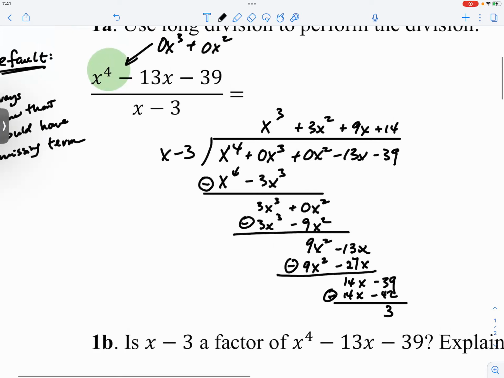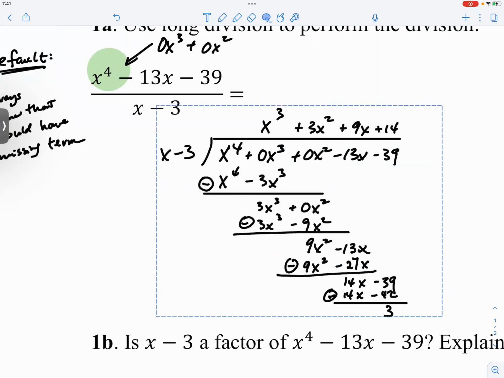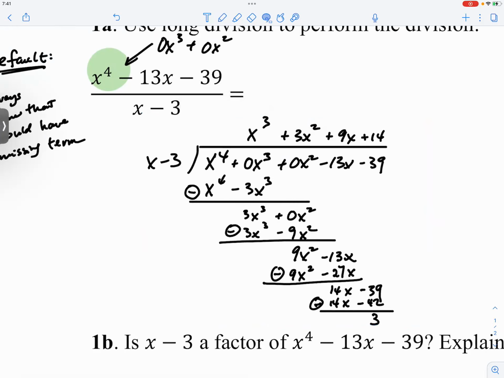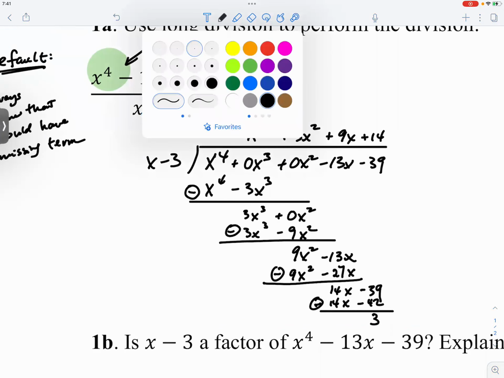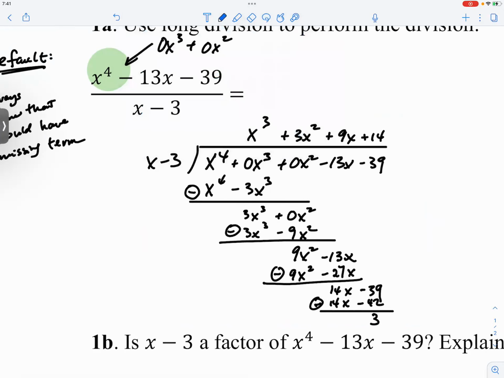Okay, so what you can do is to present your answer. Your answer is x cubed plus 3x squared plus 9x plus 14 plus 3 over x minus 3.